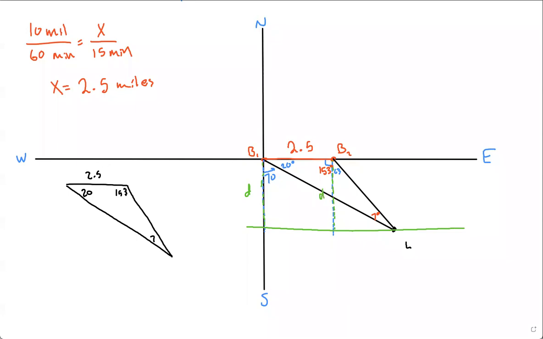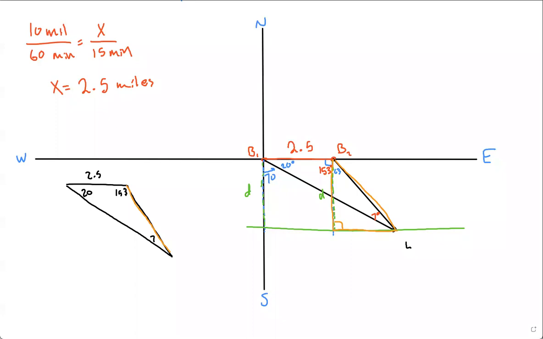So we have two options to do this. We can either use law of sines on this triangle to find this side that I'm highlighting in orange, which over here is this side. And then we can form a right triangle that I just made in orange, and we can use sine, cosine, or tangent to find this side D, which is the answer that we want. So that's one option.